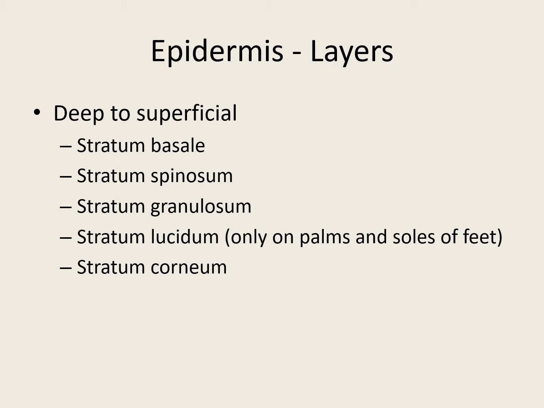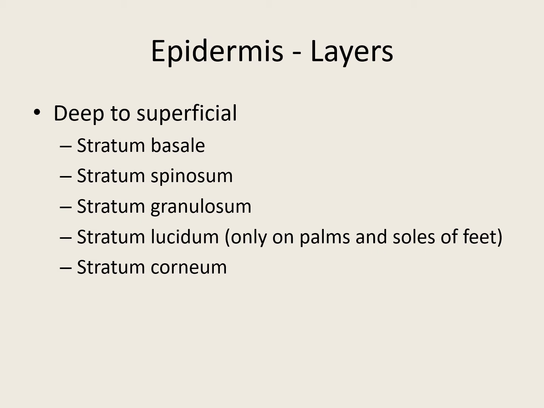If we look at the layers of the epidermis, we start at the deepest layer and move superficial. You have 5 layers in some areas, the palms of your hands and the soles of your feet, where you have a lot more wear and tear and abuse. In all other areas, you will have 4 layers.